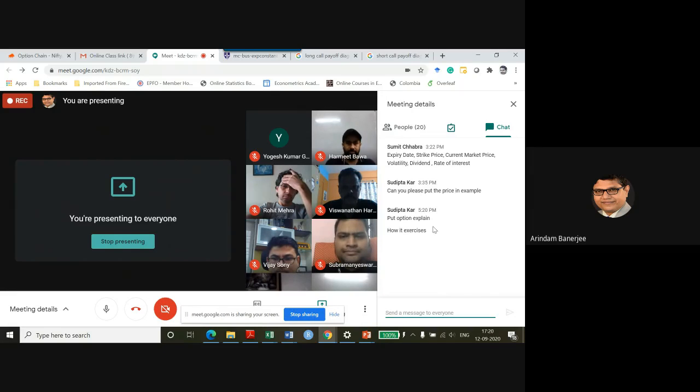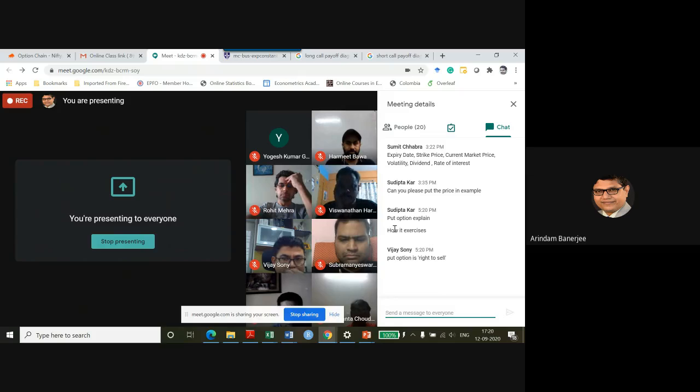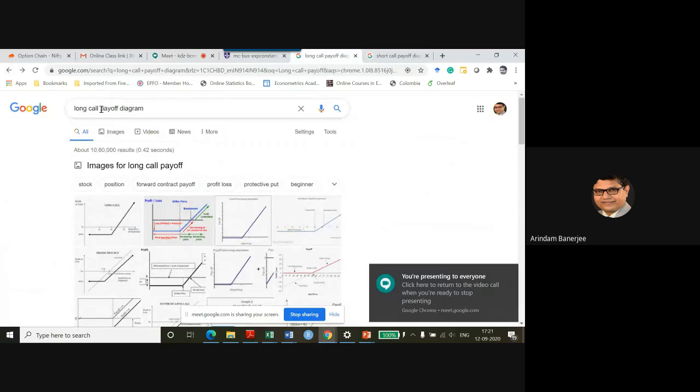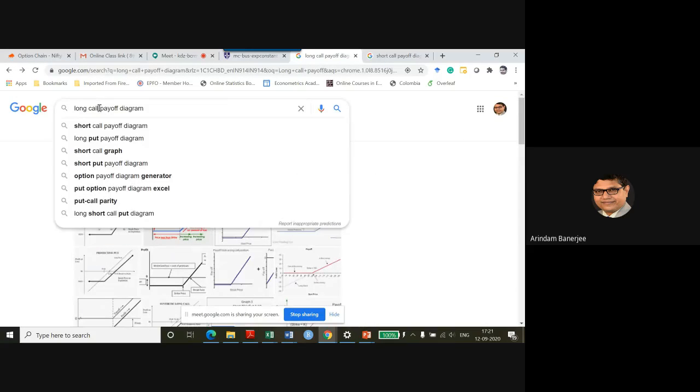Put option, explain how it exercises. Okay, so the call is the right to buy, put is actually the right to sell. So we can see the long put payoff diagram.